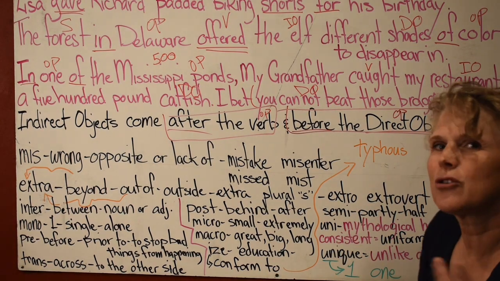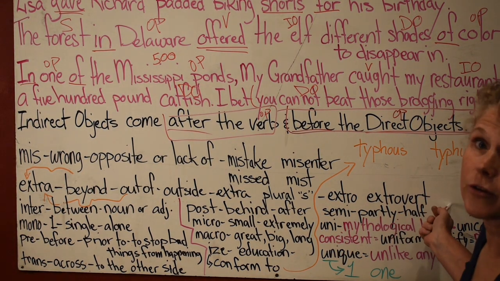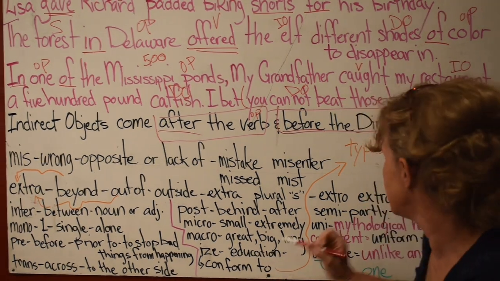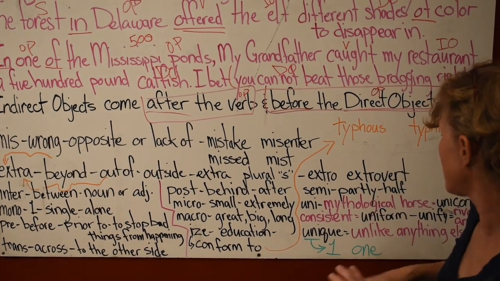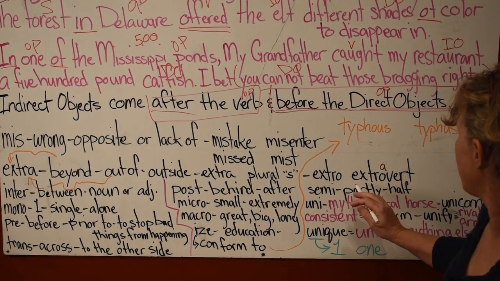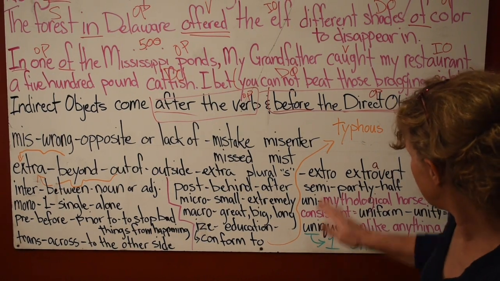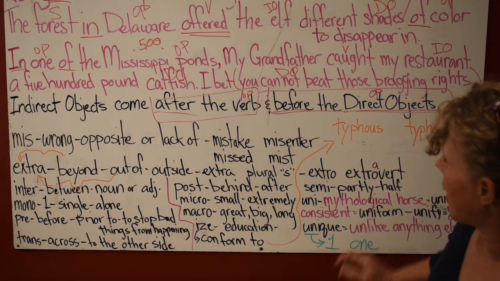And you'll see extra more than extra, like extrovert. But it's really interesting here. You could also have extrovert, which is not as common, but it's the same thing. So I thought that was really fun.